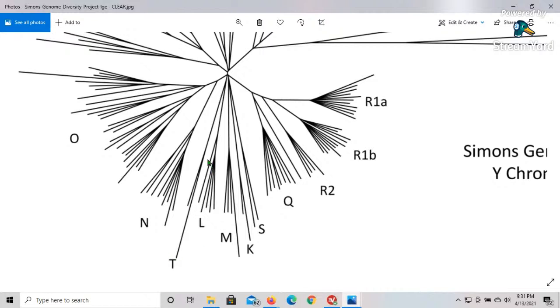But you're not going to know which line they connect up to. I'm going to say it's either the T or the L because those are the ones in Europe.